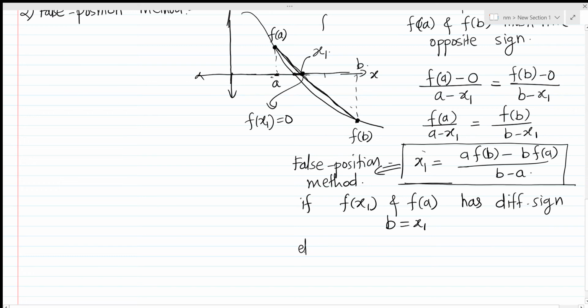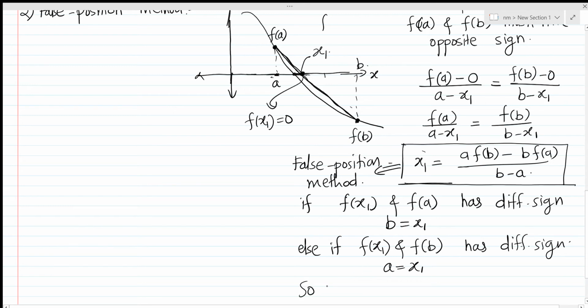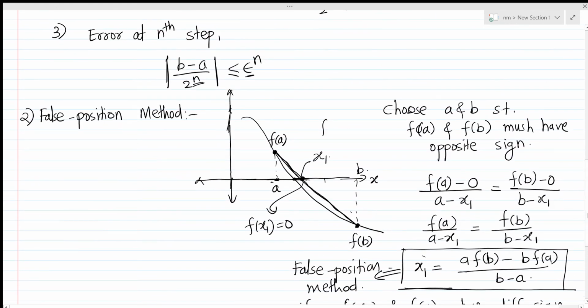Else, if f of x1 and f of b have different signs, then assign x1 to a and use the same formula to calculate the next update x2, and continue this process until we reach convergence. In the GATE exam they ask very simple problems, you don't need to converge up to the solution.